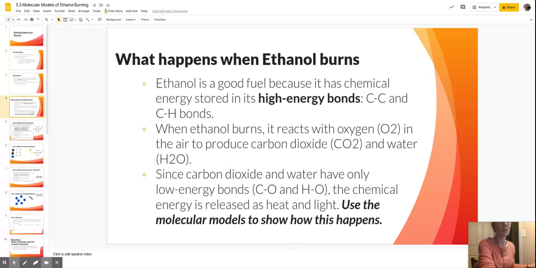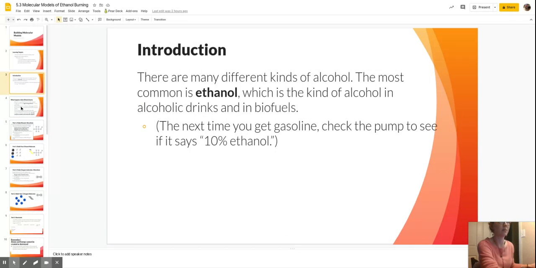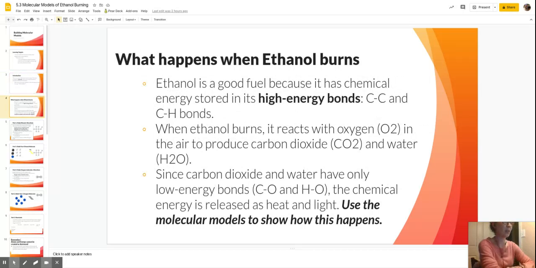You guys are going to build all of these models to see what's happening to the matter as ethanol burns. Since carbon dioxide and water only have low energy bonds, the chemical energy is released as heat and light. We're going to be able to show that all of this happens with our molecular models during this assignment.